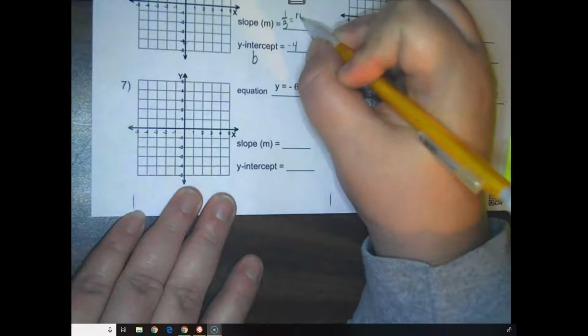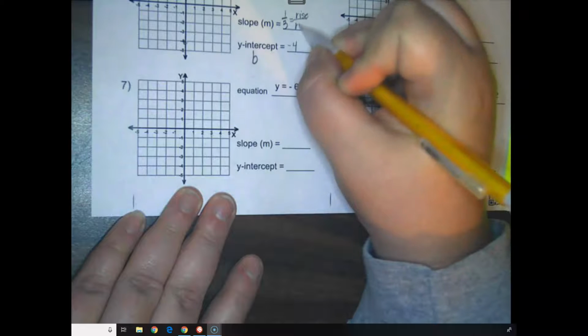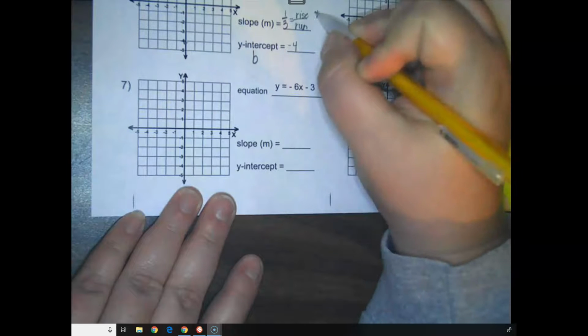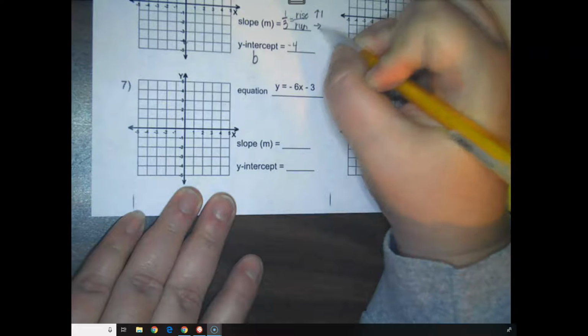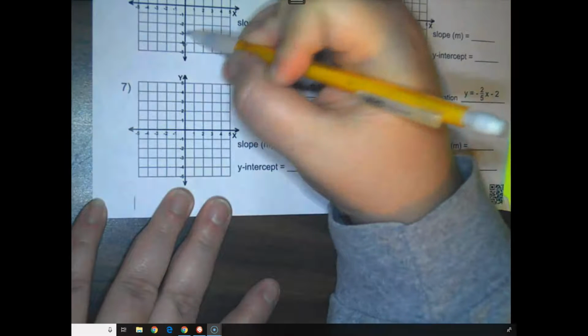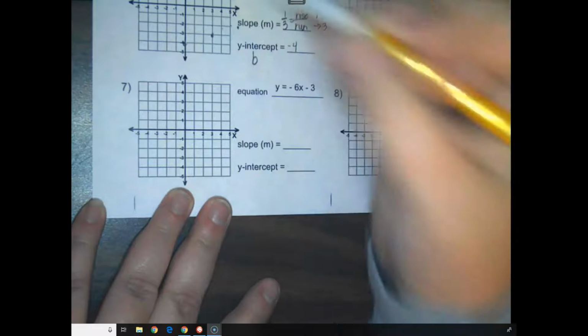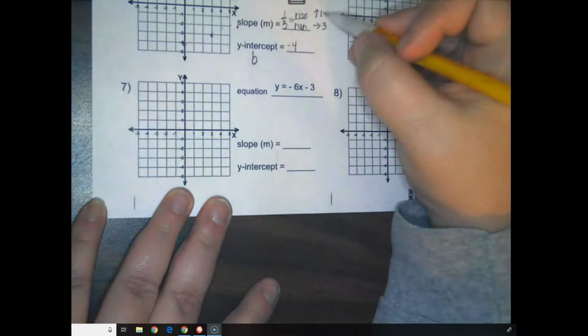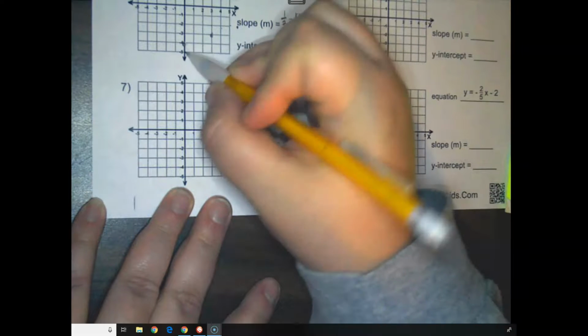I'm going to do rise over run. So I'm going to go up 1 and to the right 3. So up 1 over 3, 1, 2, 3. If you want to put one right off, you can, because we don't have room for another one. We're going to try the reverse of it. So we went up 1, so let's go down 1.